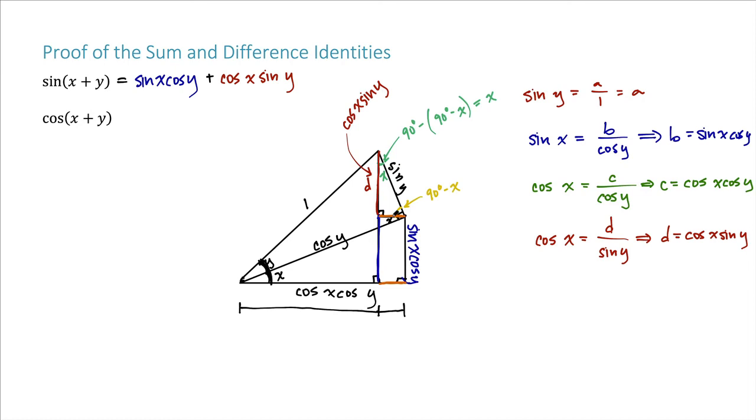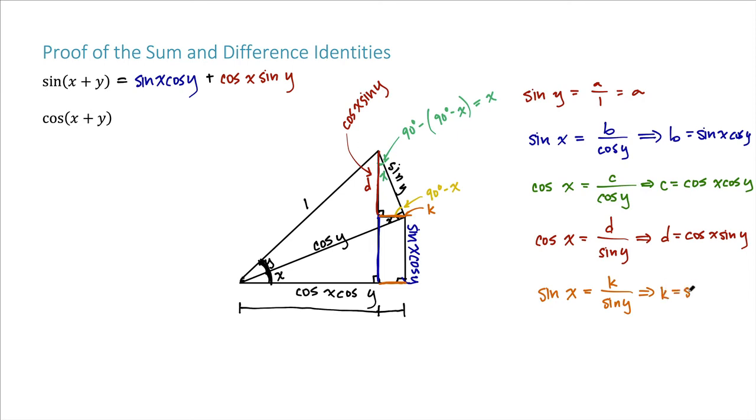And so I can again find that. We'll call that k. And that length, notice that's the opposite of the angle x there. So sine of x is equal to opposite k over the hypotenuse of this smaller triangle up here, which is sine of y. And so I can solve for k by multiplying by sine of y.